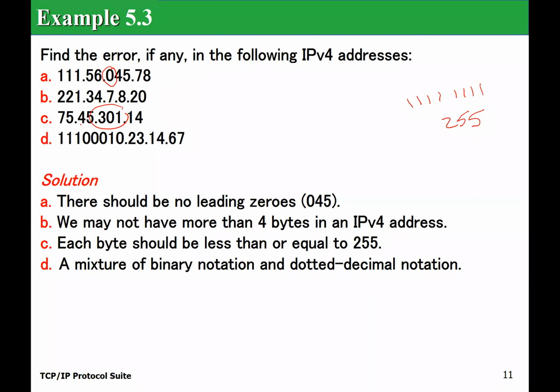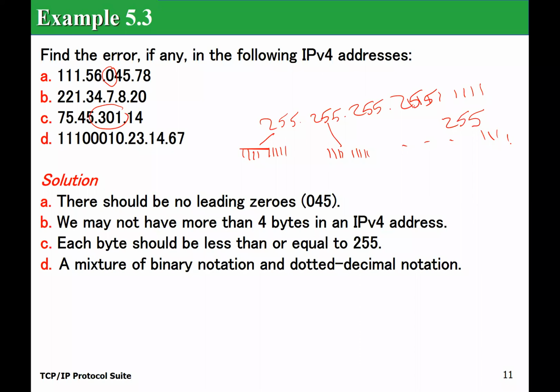There is no way. 305 means you need 9 bits. 8 bits is not going to be enough to represent 305. Okay? So any number above 255 is wrong. The maximum you can see is 255.255.255.255, which means everything is 1. Same thing, everything is 1. That's the highest.